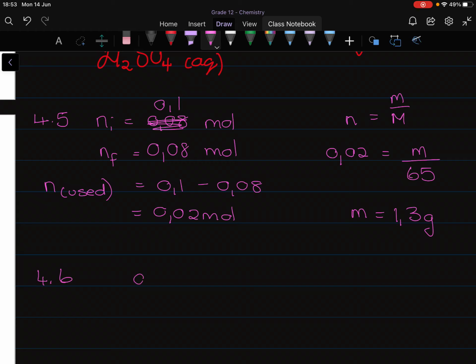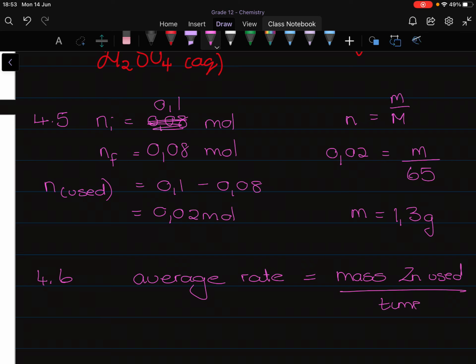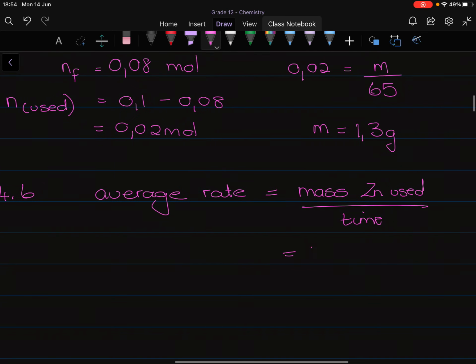Average rate is the mass of the zinc used divided by time. 1.3 divided by 60 gives me 0.02 grams per second.